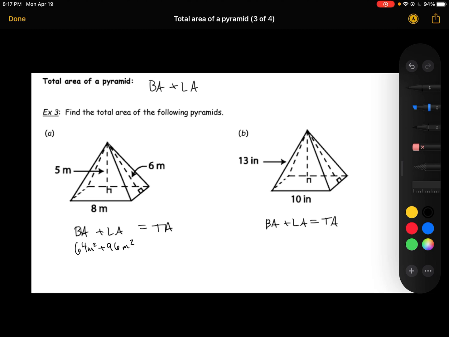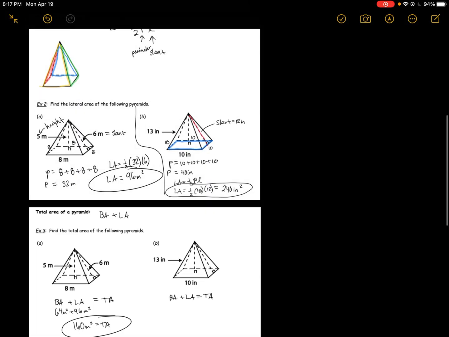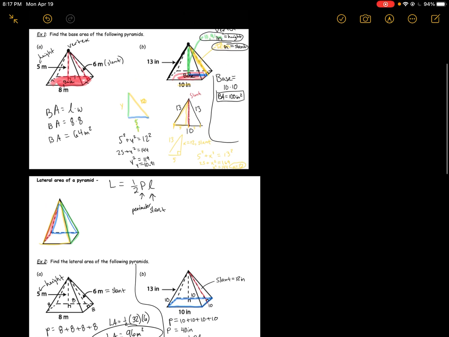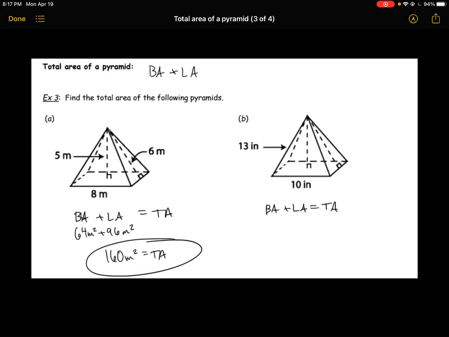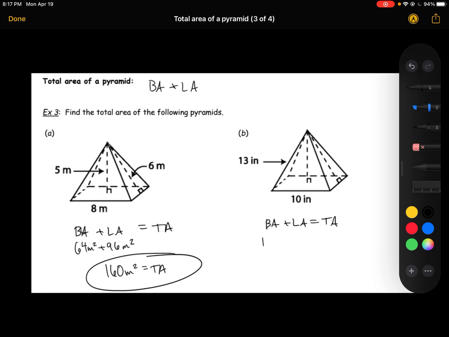The base area is 64 and the lateral area is 96 for our first one. So we'll have 64 plus 96 and put those two together here. And that's going to get us 160 square meters for the total area. And then for the next one, go back, same idea.